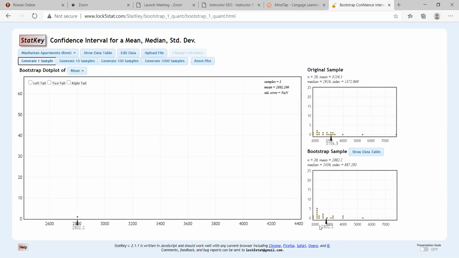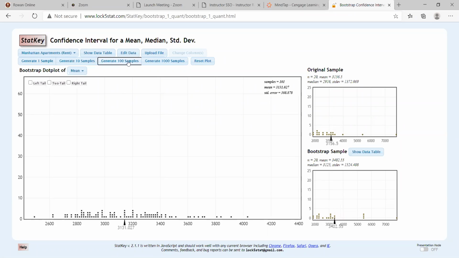Notice that there is a value here, 3,500 in the original sample, that does not show up in the bootstrap sample, but there were other values. Notice the one at 2275. In the original sample, there were 4 apartments with that value, and there were 6 of them in the bootstrap sample for that same rent value.